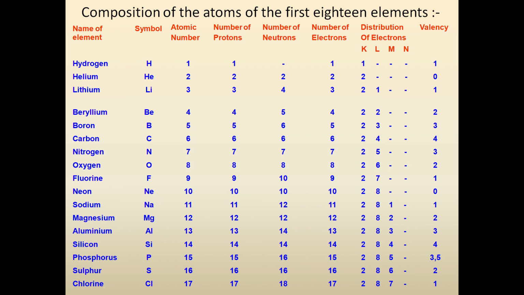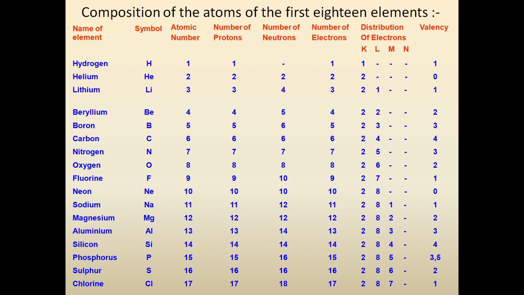For example, if there are 6 valence electrons present, then valency will be 8 minus 6 is equal to 2. So valency will be 2. As you can see, that's what is written in front of oxygen. Oxygen, its valency is 2.